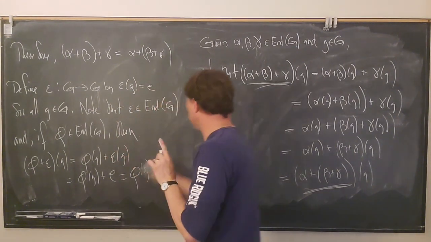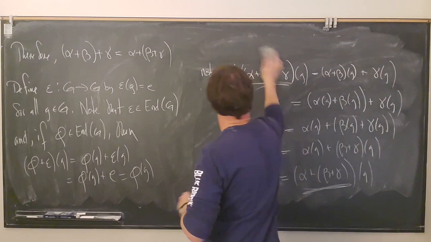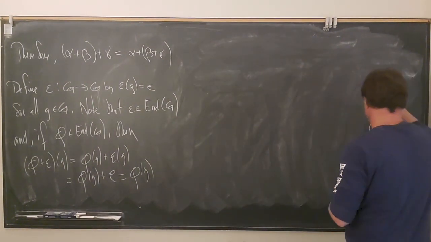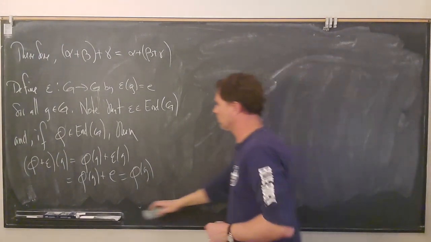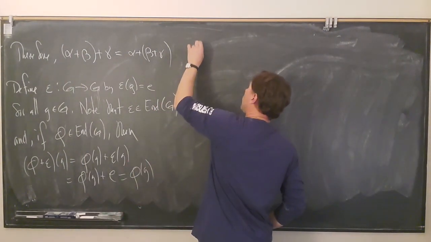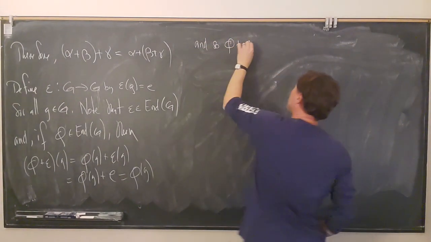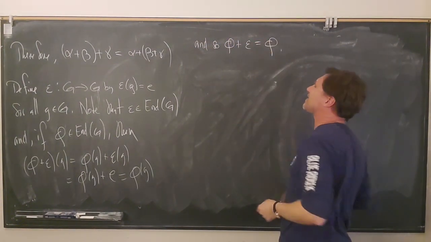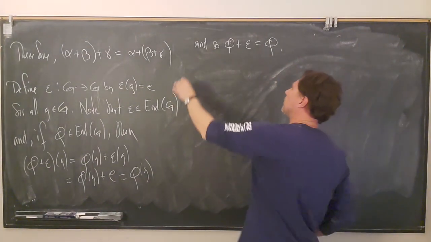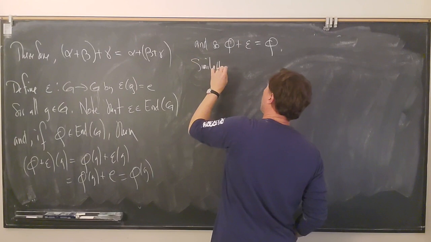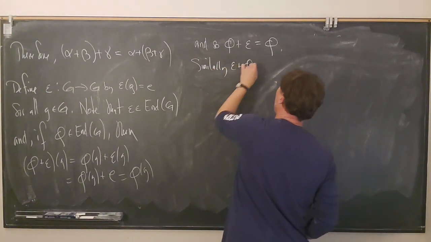And so phi plus epsilon equals phi. And similarly, if you did it in the opposite order, epsilon plus phi equals phi.